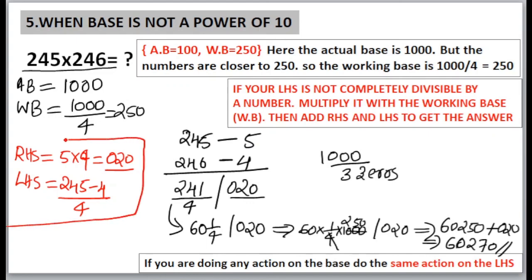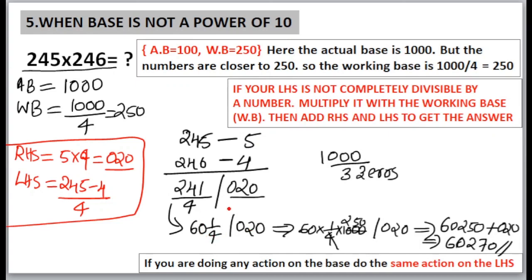But you have a fraction in LHS, so you cannot combine both LHS and RHS if you have a fraction or if you have a negative in your respective side. So what will you do? When you have a fraction in your LHS, you will multiply it with base and add both LHS and RHS together.